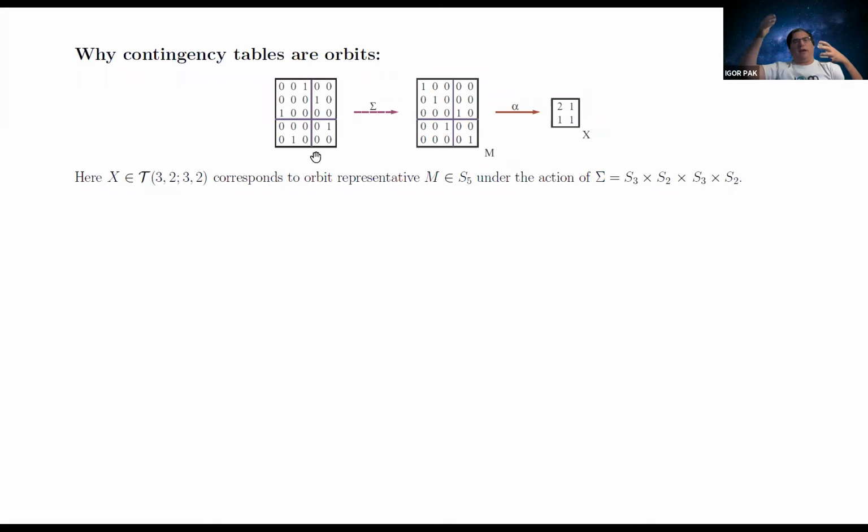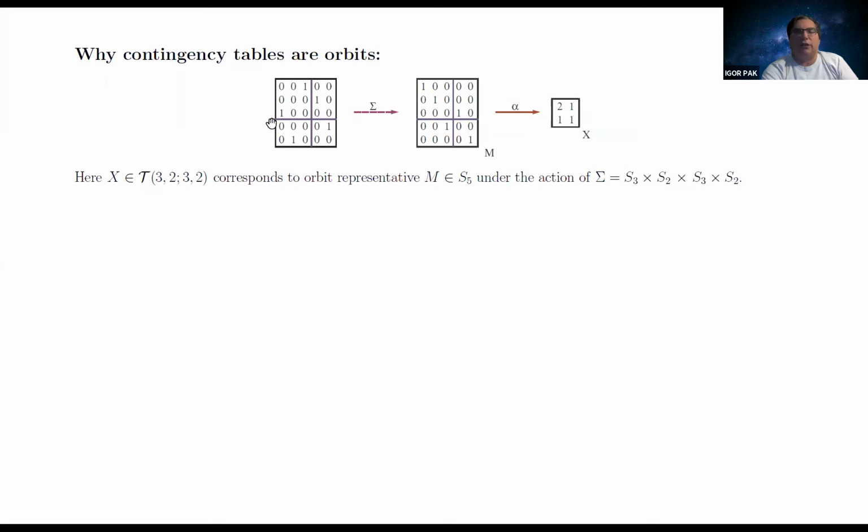And now we're going to act on these permutation matrices by the product of S_{a_1}, S_{a_2}, etc. So in this case, S_3 times S_2 in rows, by permuting the first 3 rows and the second 2 rows, and then by S_3 times S_2 on the columns, the first 3 columns and the second 2 columns.